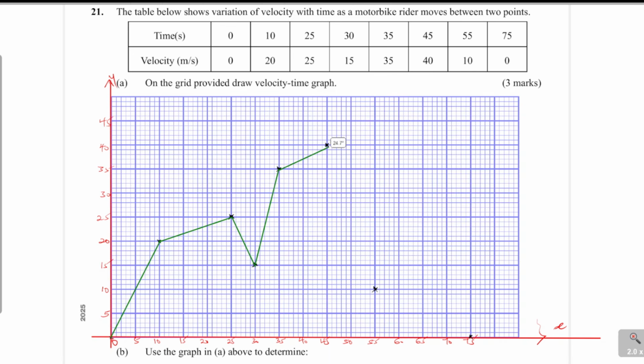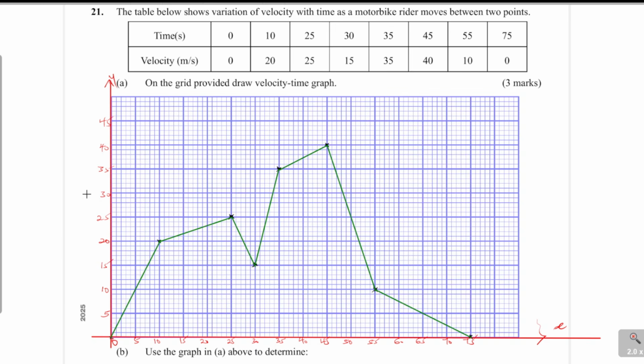We're doing this using a ruler. That point, then down there, and then to the last point. So there we have the velocity time graph.